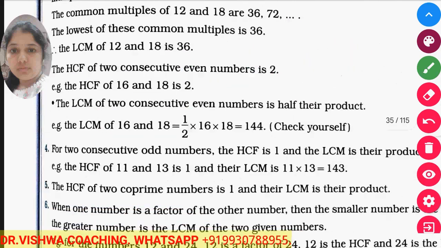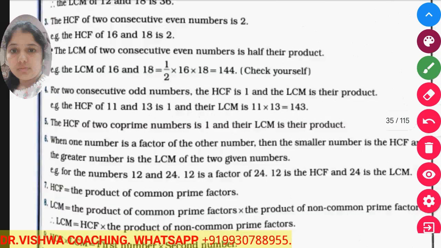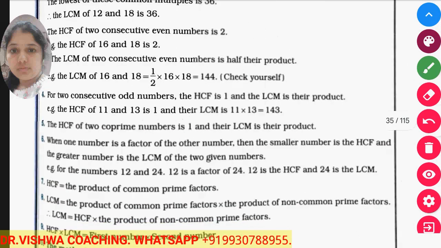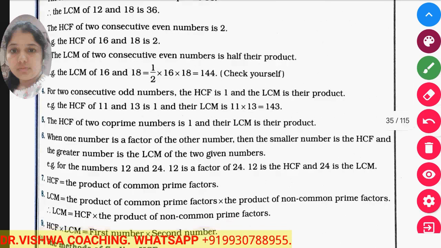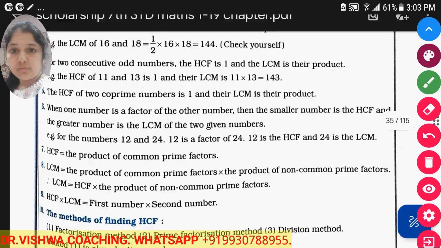And if two consecutive numbers are odd, their HCF is 1 and their LCM is the product of both numbers. Okay, so these are the things you have to keep in your mind.